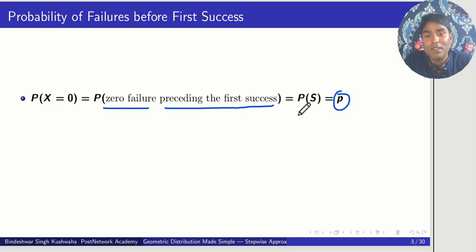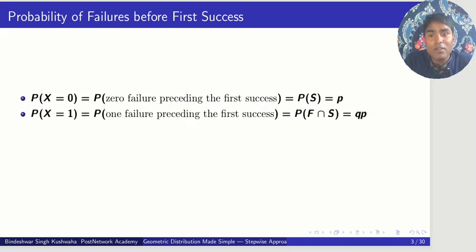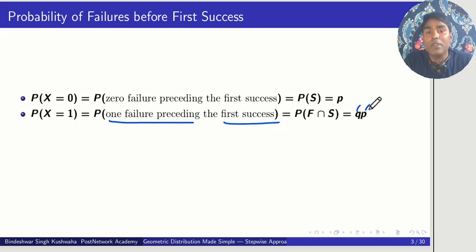Now the probability of one failure preceding the first success is Q into P. Here there were no failures, so there was no Q.